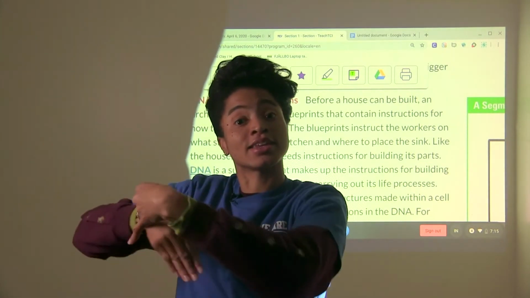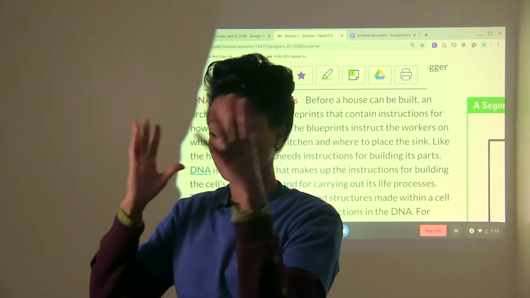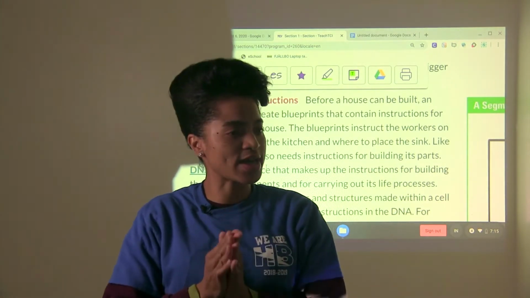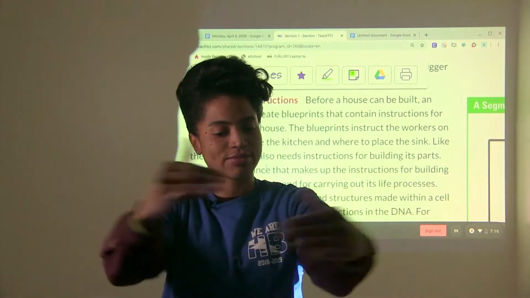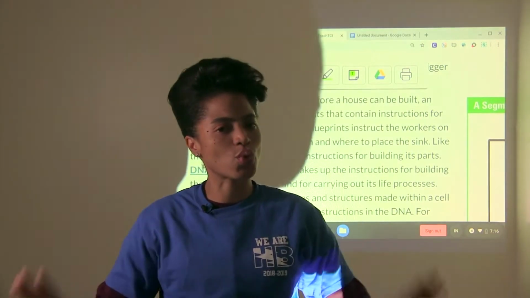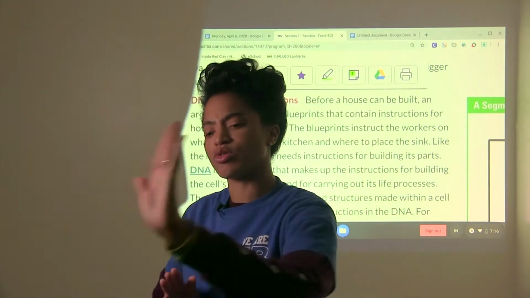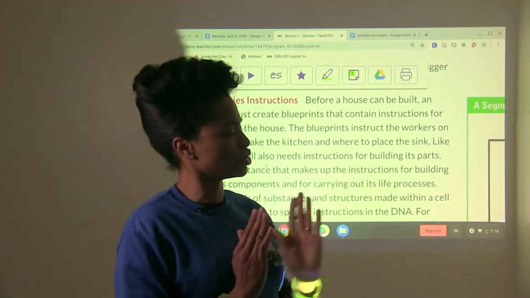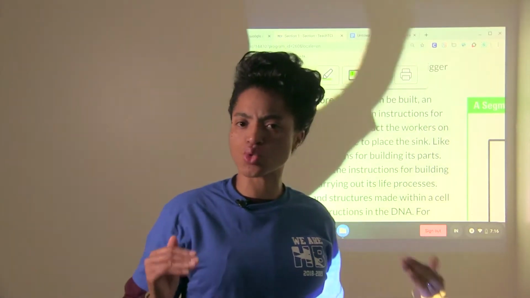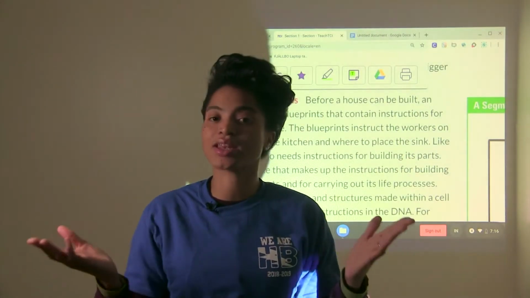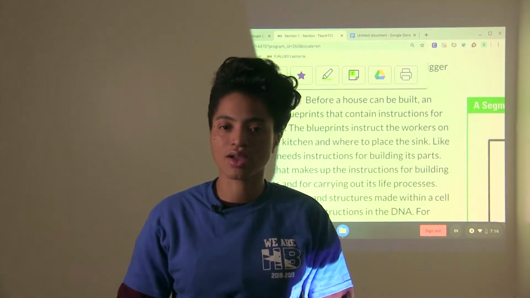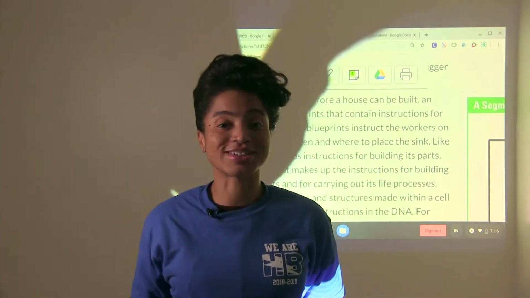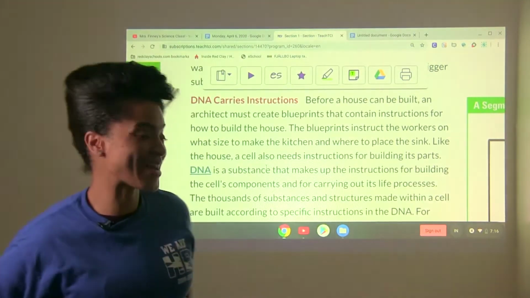We need a little island in the middle of the kitchen. That would be really great. As far as the living room, we want to set it up in such a way that we could put a TV stand over here, and then have the couches set up like this against the wall. I think that would be great. So DNA is deciding where everything goes, how everything flows. It's providing the instructions for the cell.